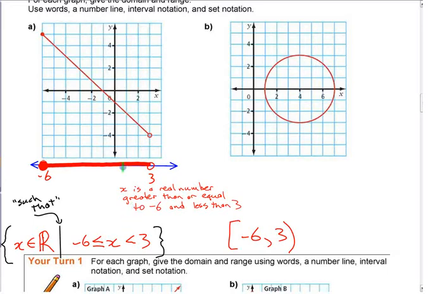Okay? The domain is possible x values. The range is the possible y values. These are the values that are covered from there to there. When you're thinking about domain and range, imagine that you squish the graph onto the x-axis or the y-axis.